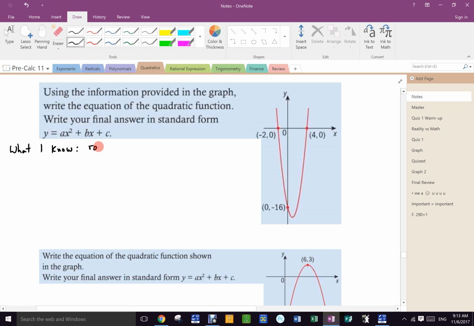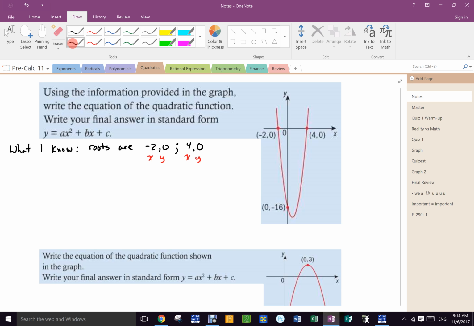I know the roots are what? What are the roots? -2, 0, and 4, 0. Giving me x's and y's, yes?